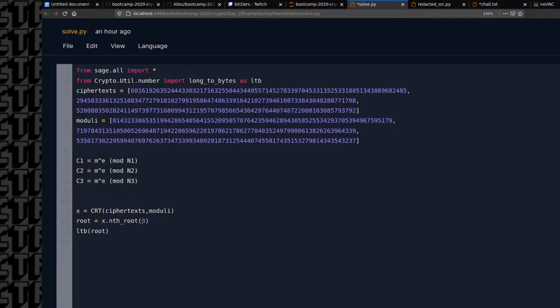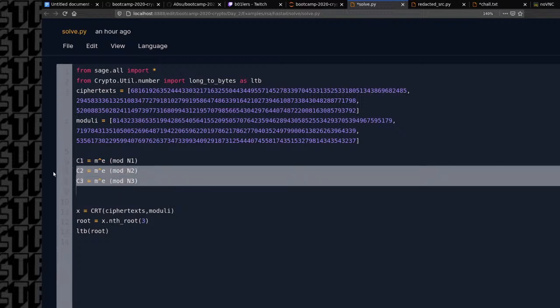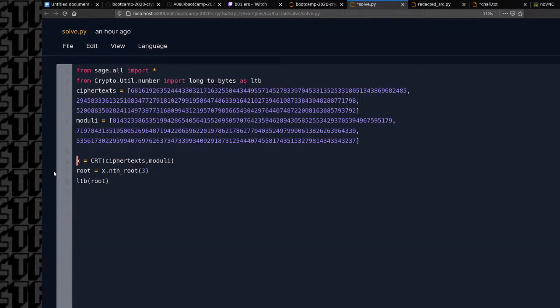That's the same thing we're doing here. We use the system of relations and calculate what this m to the e is, because it's going to be the same in all cases. The only thing that differs is C1, C2, and C3. So we take the ciphertext and the modulus for each corresponding. The output is going to give us m cubed. We take the cube root of that, and the root should give us back the original message.